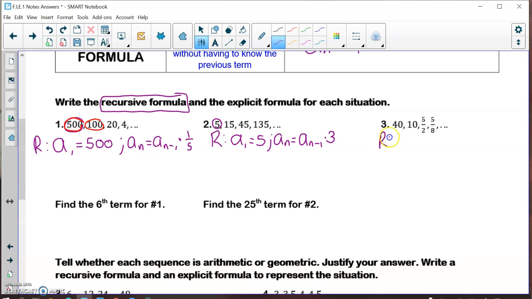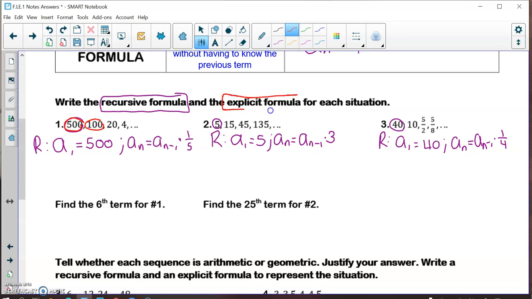And then number 3, we do a sub 1 is equal to your first term, which in this case is 40, semicolon, a sub n is equal to a sub n minus 1 times your common ratio. To go from 40 to 10, that's 1/4. So we're multiplying by 1/4 every time. So these are your recursive formulas.